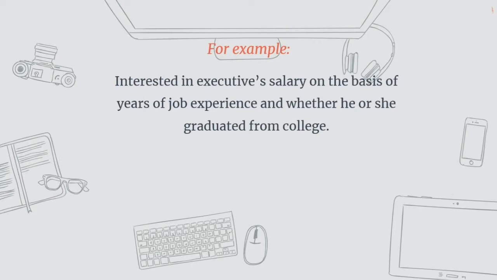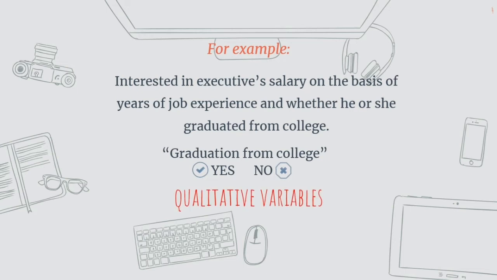For example, we might be interested in estimating an executive's salary on the basis of years of job experience and whether he or she graduated from college. Graduation from college can take on only one of two conditions, yes or no. Thus, it is considered a qualitative variable.